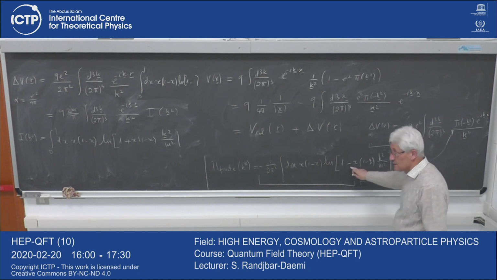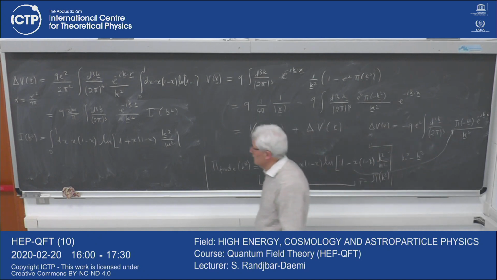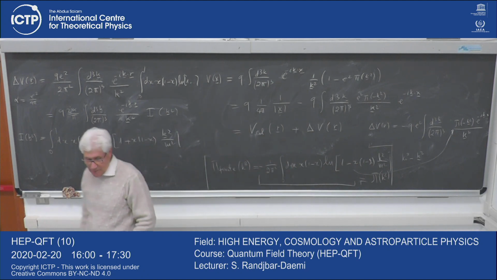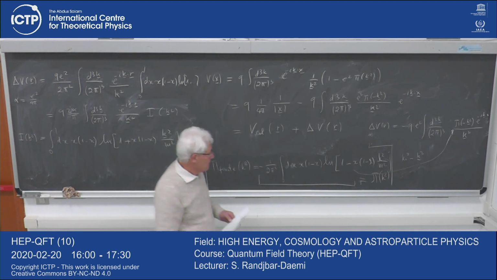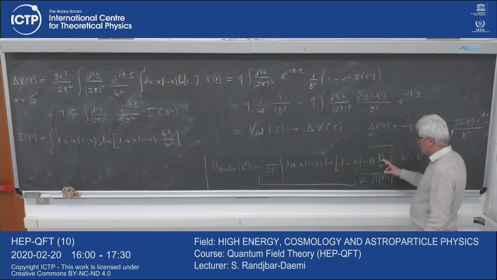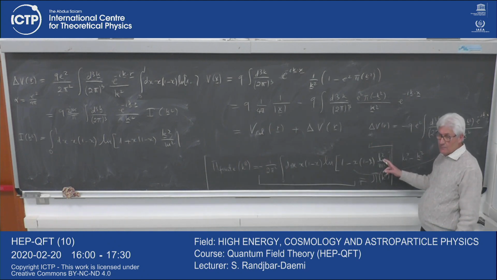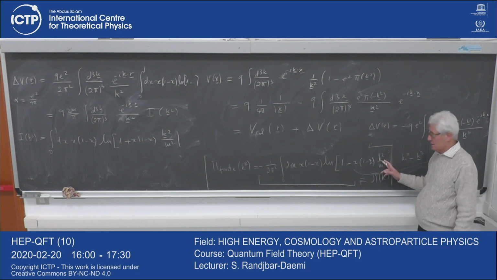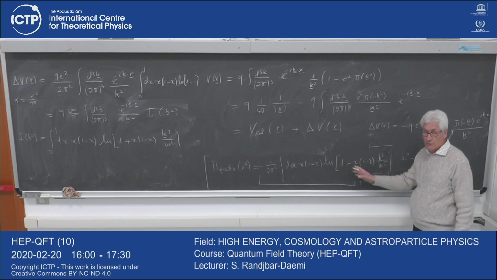Therefore, this minus sign changes that to a plus sign. This sign is important. I have not made any comment on that, but you should note that if k squared is negative, that means if k is space-like, this term will always be positive, and you will have a logarithm of a positive number. That's a real number.